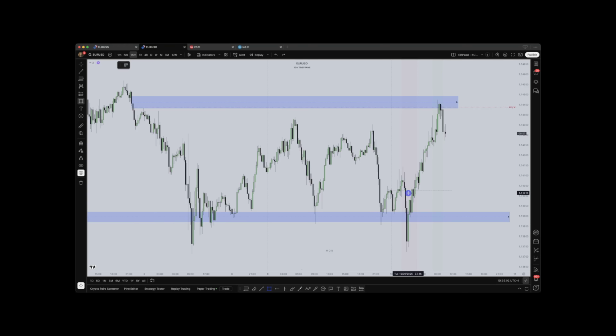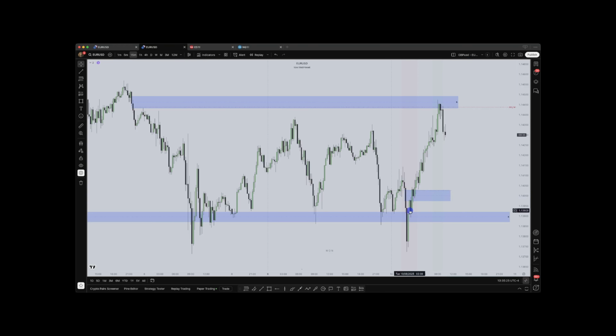This is a 15-minute time frame. I like this time frame to give me more security. So for me, this was the spot I decided to enter, which is this fair value gap. You see this fair value gap? I extended it to the right.